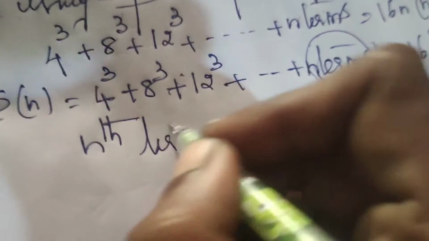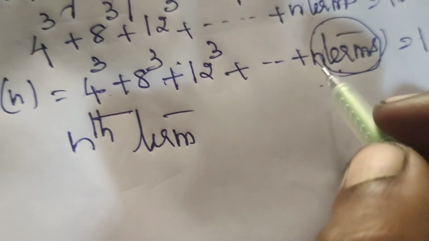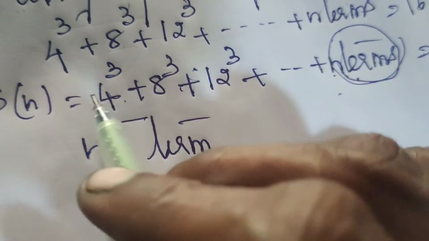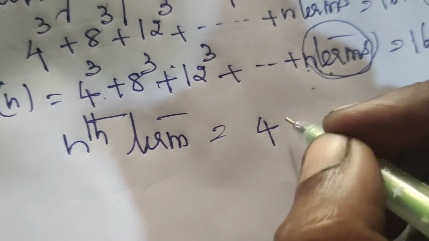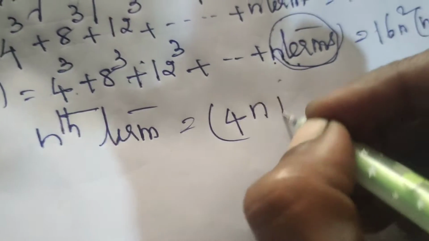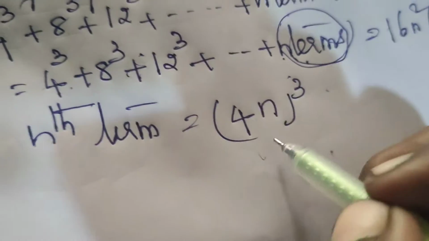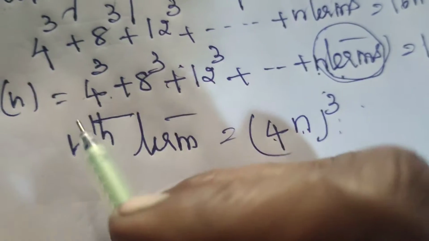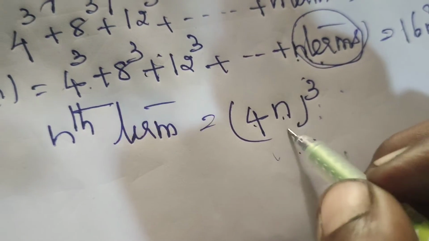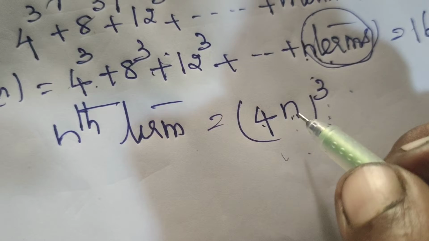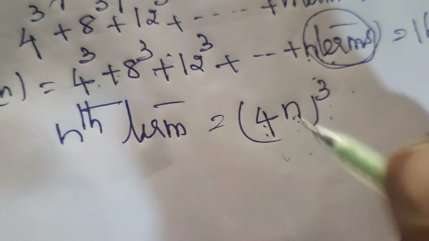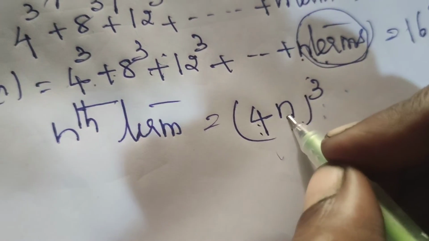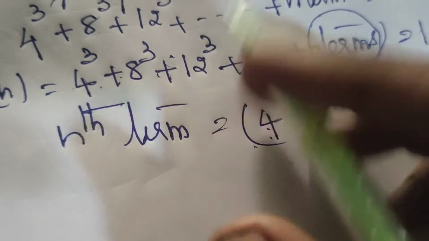Nth term means, suppose n equals 1, that is 4 into 1 cube, so the nth term is 4n whole cube. Suppose n equals 1, 4 into 1 cube, plus n equals 2: 4 twos are 8, 8 cube. n equals 3: 4 threes are 12, 12 cube.